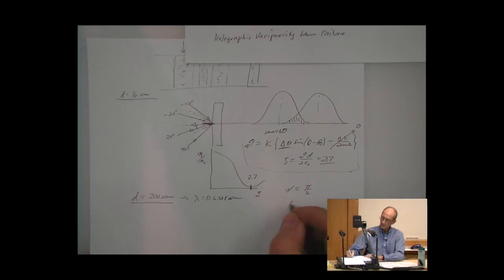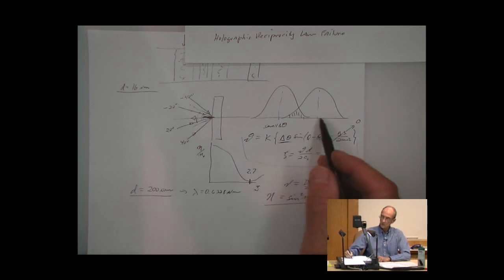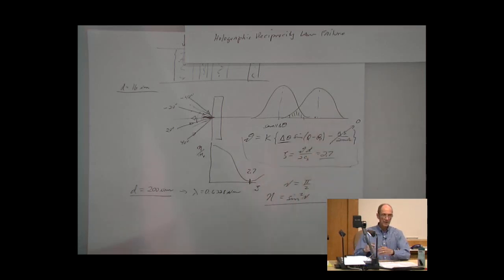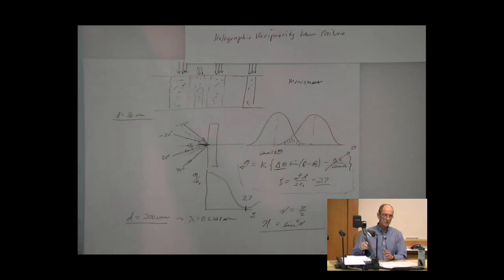Remember, we could just assume sine squared of nu is equal to our efficiency, say, for an unslanted grating. So with this, you can get an idea of what the bandwidth or what the selectivity of those holograms are, and see how many you can pack into a recording where you're, again, rotating that material to do subsequent recordings of each of those sequential holograms, okay?